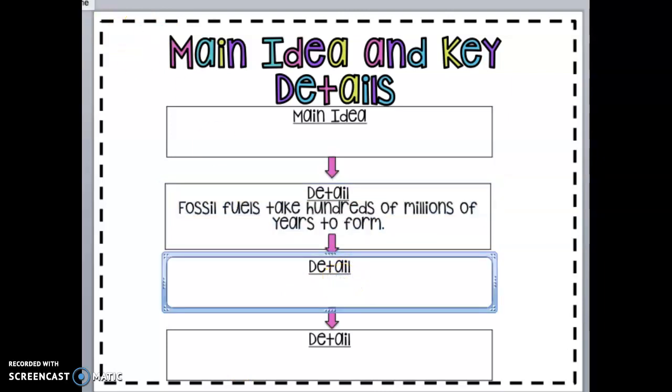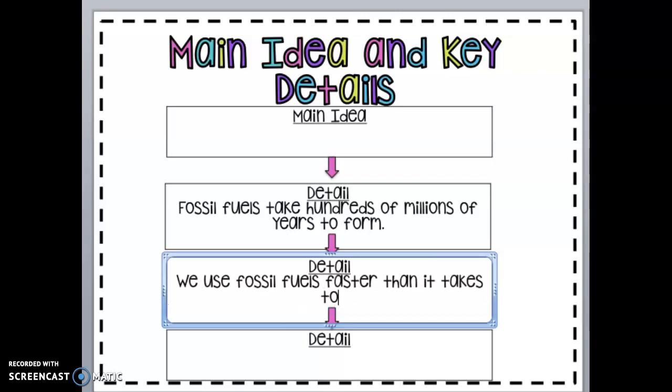We've also learned from page 412 that we use those fossil fuels. Do we use them slowly or do we use them quickly? That's right, we use fossil fuels very quickly. We use them faster than it takes them to form.